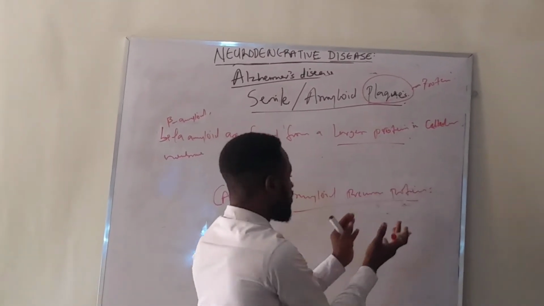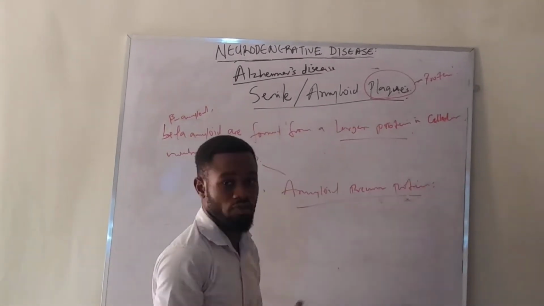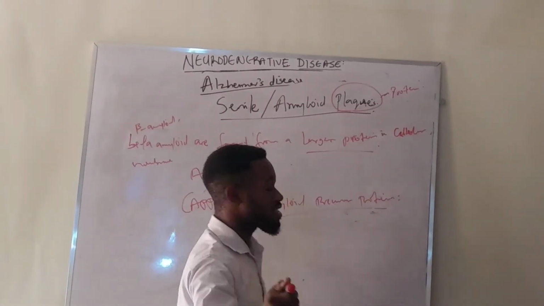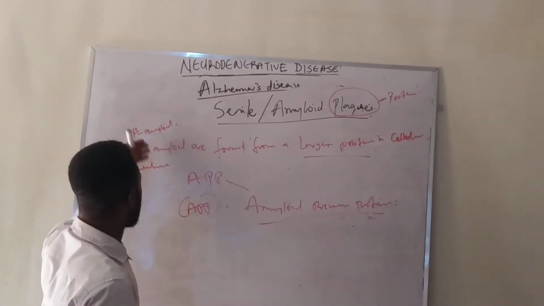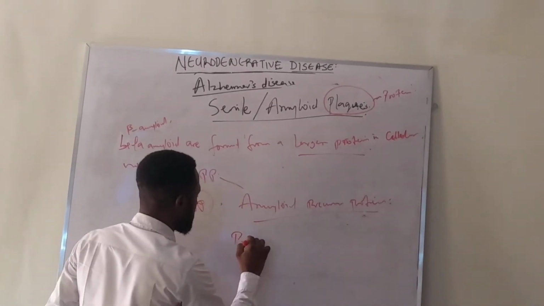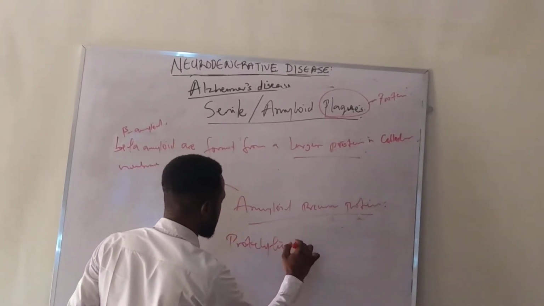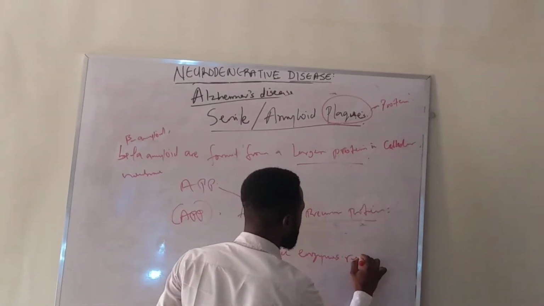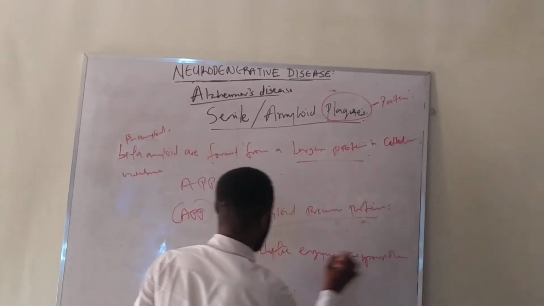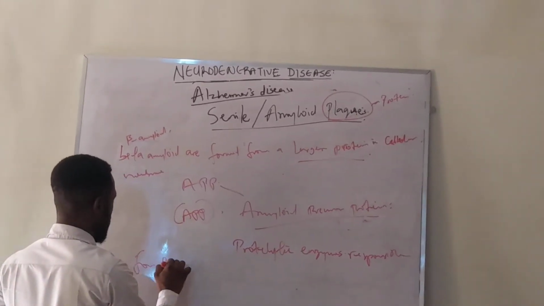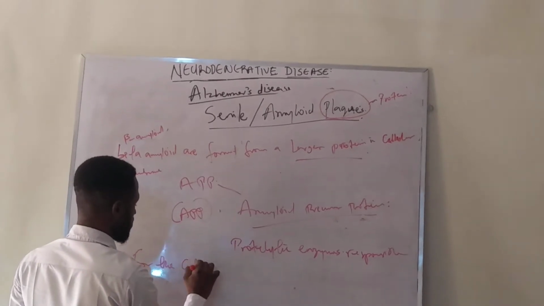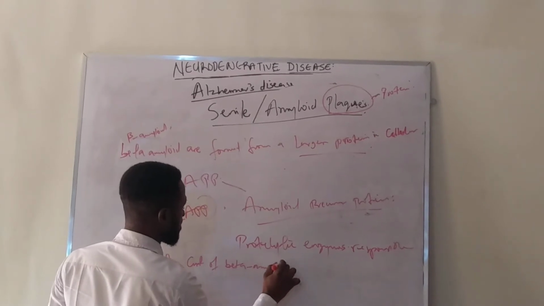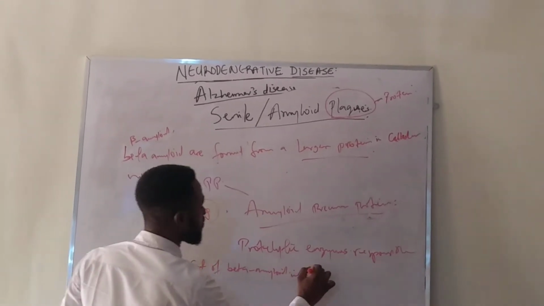It is the larger protein from which beta amyloid is being cut off, and we have the proteolytic enzymes responsible for the production of this beta amyloid, the cut of beta amyloid into fragments.